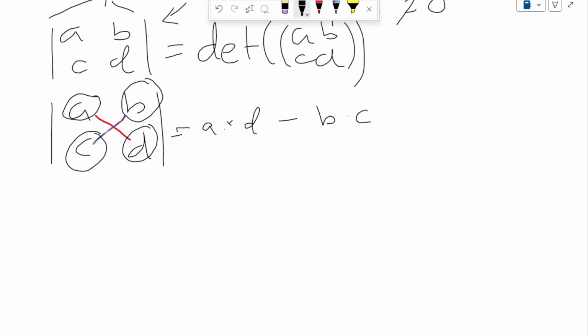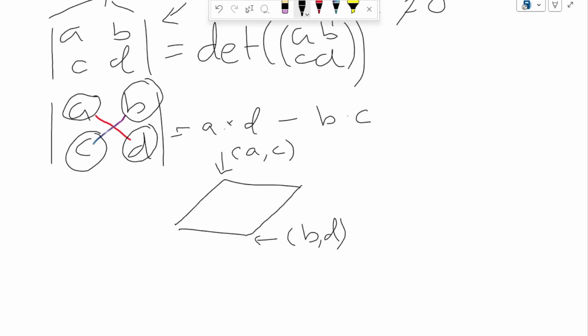If you want to, you can work it out and figure out that this is, in fact, the volume, or the area in this case, of the parallelogram made by, this point here is going to be (a, c), this point here is going to be (b, d), and this volume is this determinant, times a sign, again.